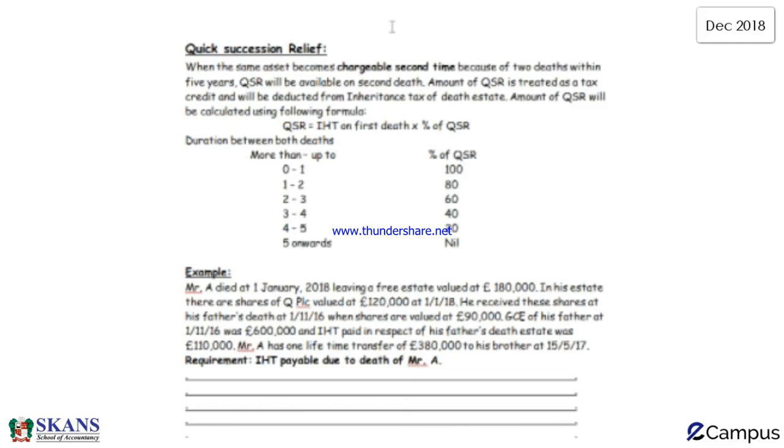If you have noticed that in the death estate of your client, there was an asset which was getting taxed for the second time within 5 years, because of two deaths with a duration of less than 5 years, then candidates would be required to calculate what was the IHT paid in respect of this gift on first death, and what is the percentage of QSR.